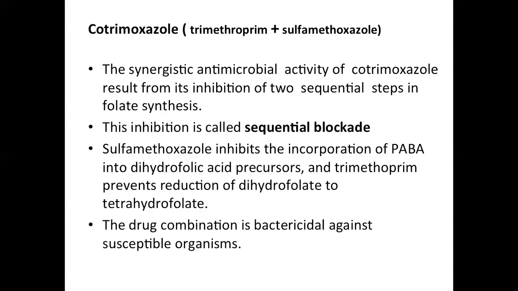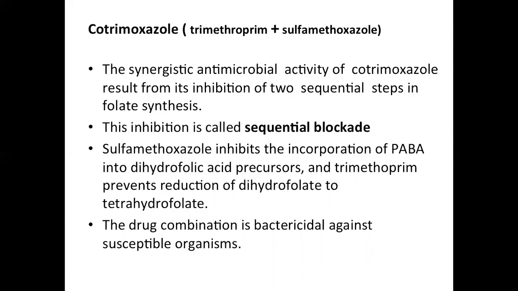We have another drug called cotrimoxazole, which is a combination of trimethoprim plus sulfamethoxazole. A sulfonamide plus trimethoprim forms a drug which is called cotrimoxazole. The synergistic antimicrobial activity of cotrimoxazole results from its inhibition of two sequential steps in folate synthesis.